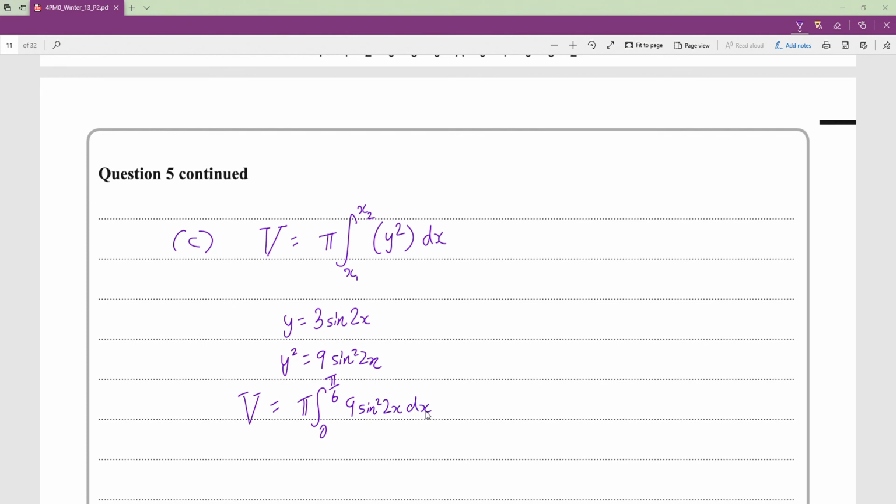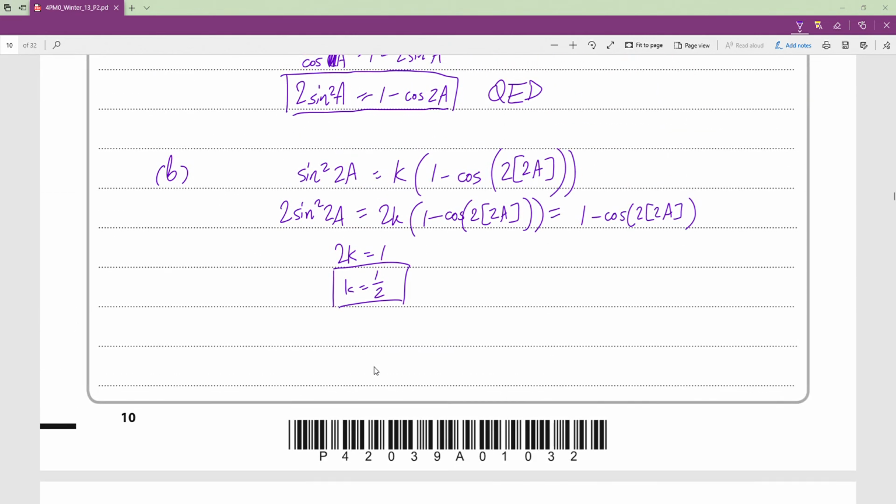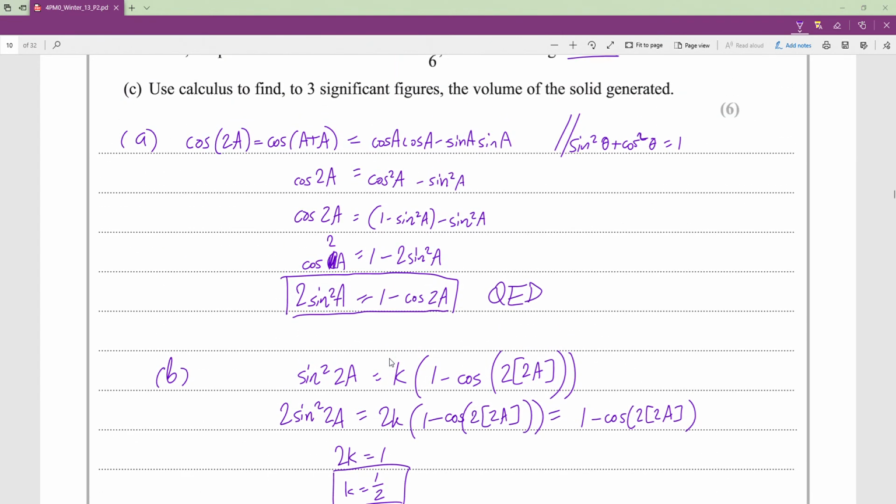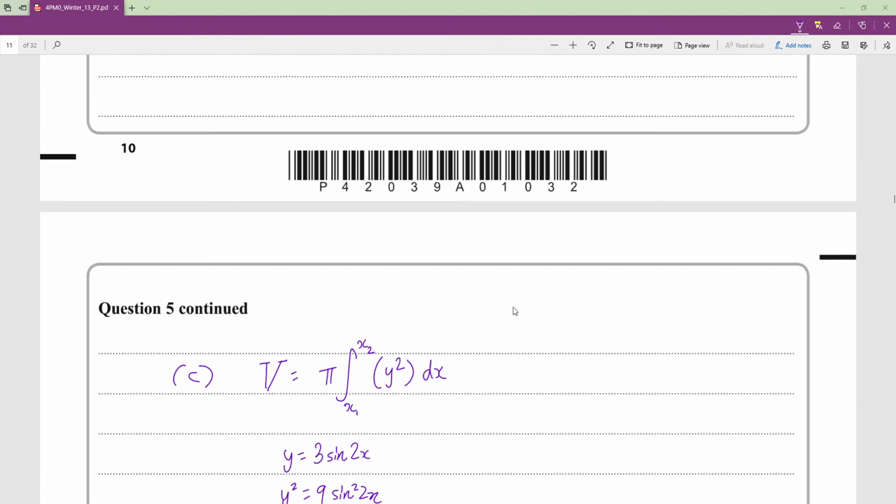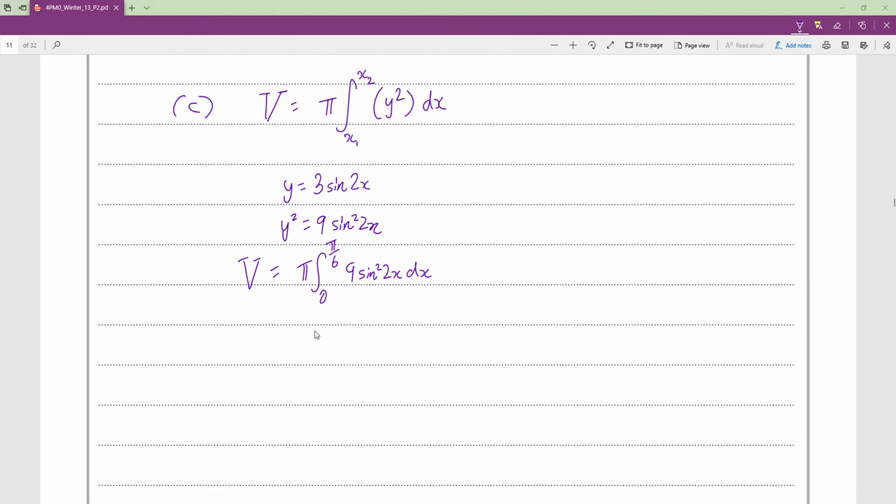And hold on a minute, we've just figured out a formula for sin squared 2x anyway. It's a half times (1 minus cos 4x). So let's apply this knowledge. First, I want to move the 9 outside the integral to make it neater. So it's 9 pi, 0 to pi over 6.